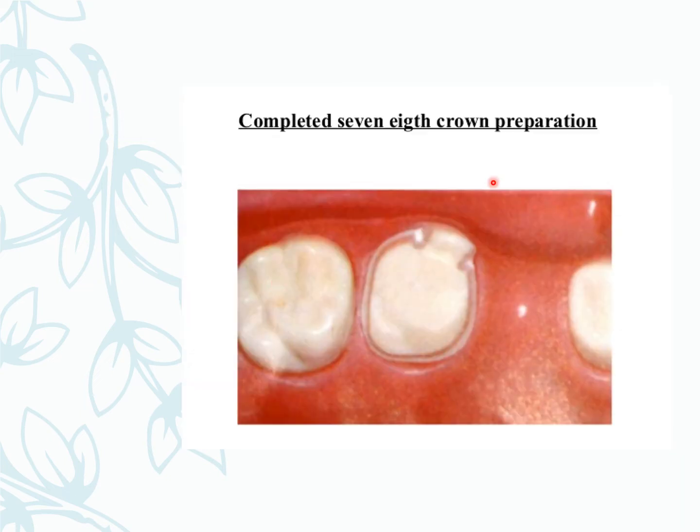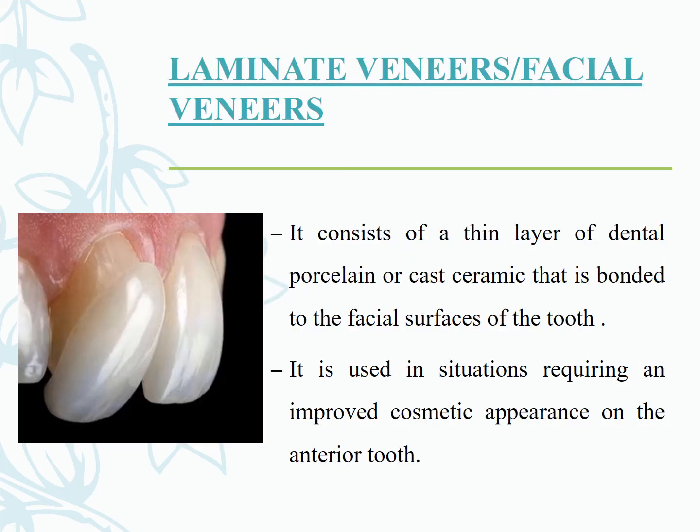And the 7/8 crown preparation: a little bit of the tooth structure remains, and all of the remaining structure is prepared and ledges are created to place the crown, mostly done in the posteriors, guys. Okay, coming to laminate veneers or facial veneers.